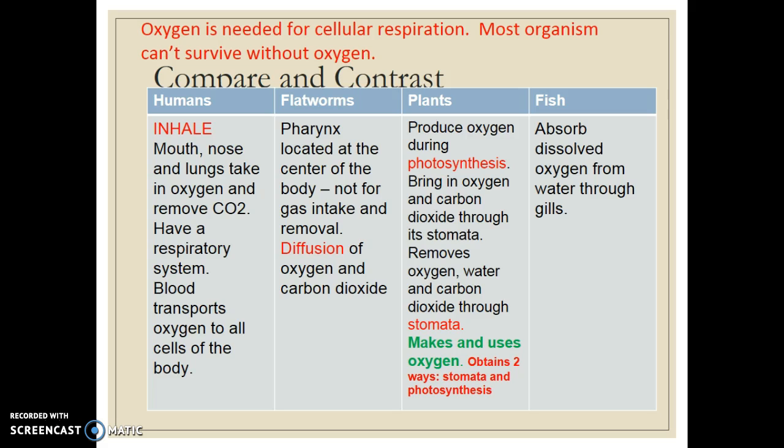So any extra oxygen, that's what they are releasing into the atmosphere. They can obtain oxygen through two different ways, the stomata and the photosynthesis process. And then fish are absorbing dissolved oxygen from water through their gills.